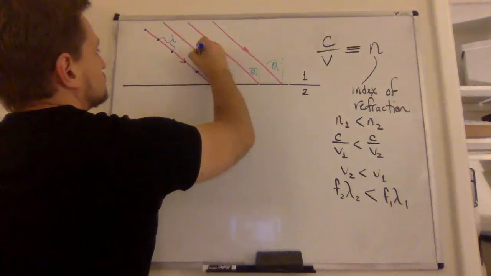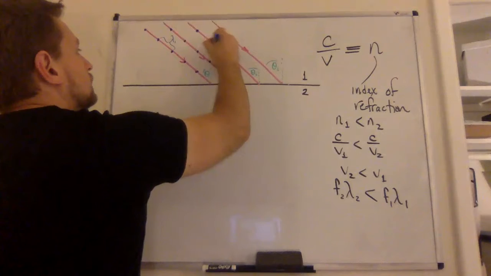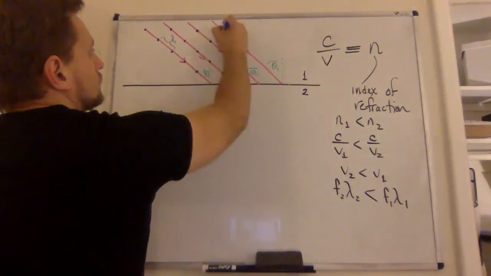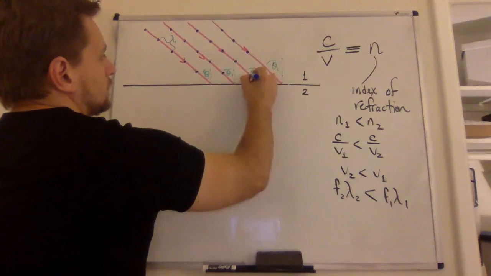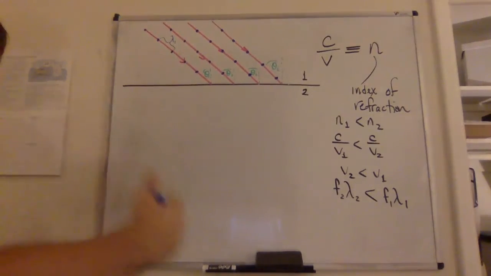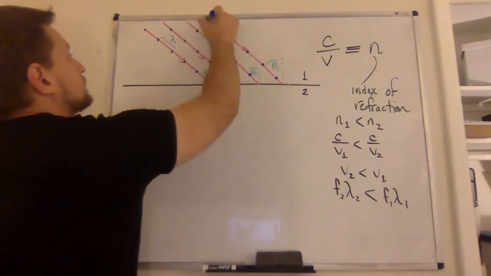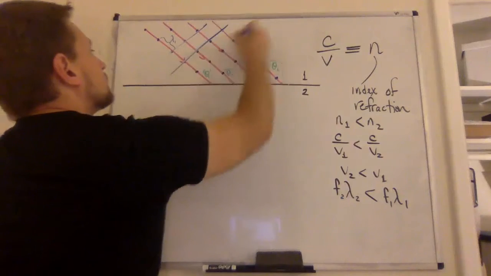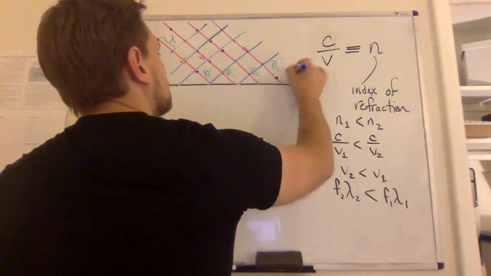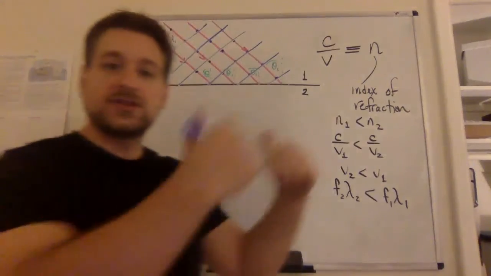So if we connect all the points that have maxima at the same time, we end up with parallel lines perpendicular to the rays that represent the direction the light is traveling.